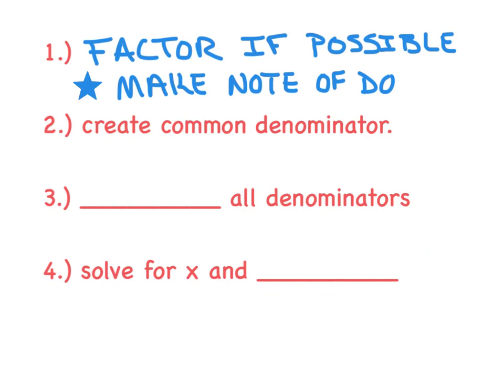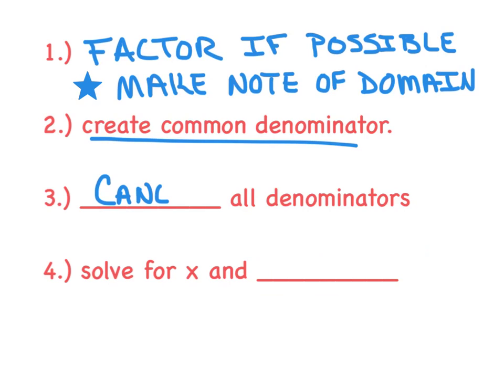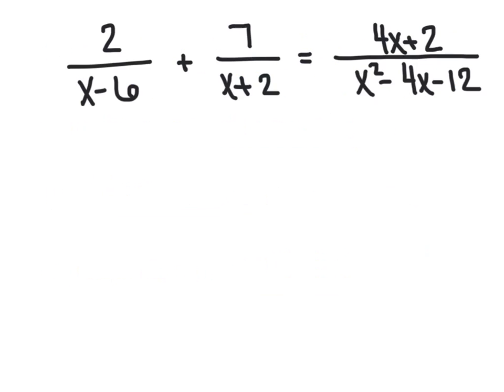That's going to be crucial because they love to throw problems on there where we end up rejecting something at the end. And then we're going to create our common denominator just like we did before. We're going to cancel all the denominators, just basically cross them off and just worry about your numerator, solve for x, and we're going to talk about checking our solutions at the end and the next example.